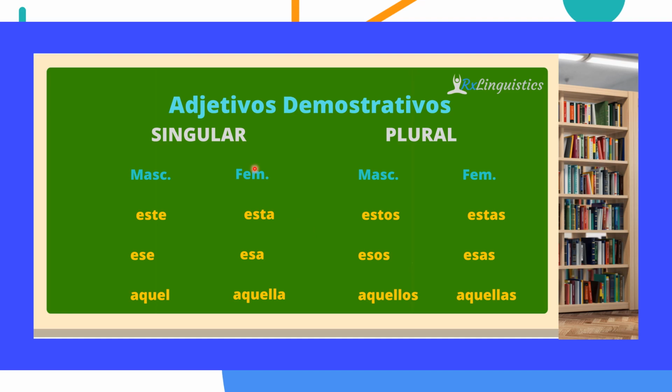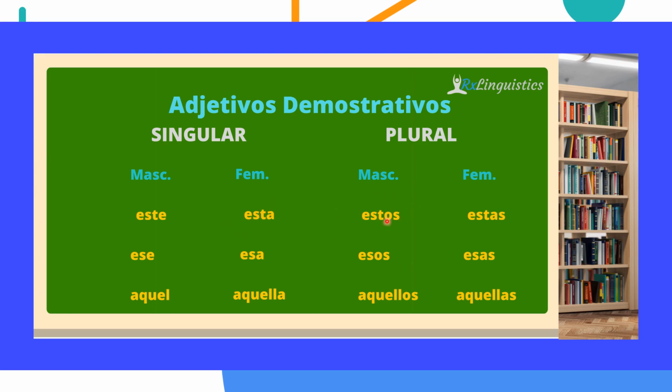So when you are using these demonstrative adjectives, since they are adjectives, always bear in mind that they have to agree in gender and number. If it's a woman, you have to use a feminine adjective.